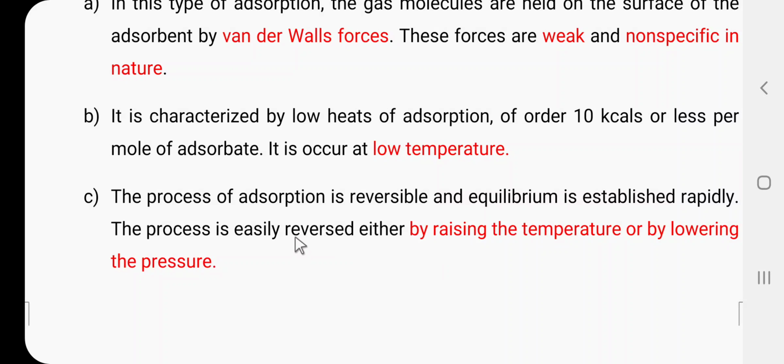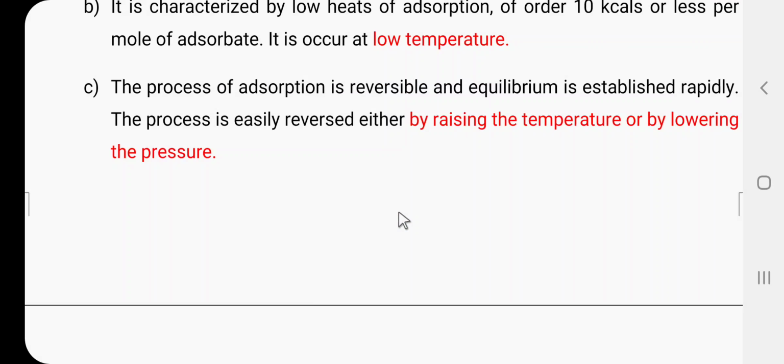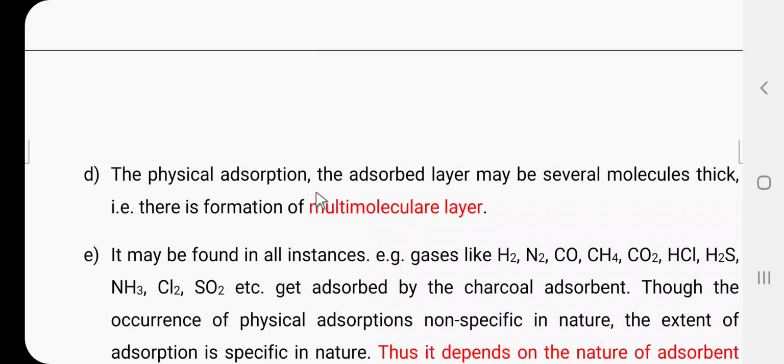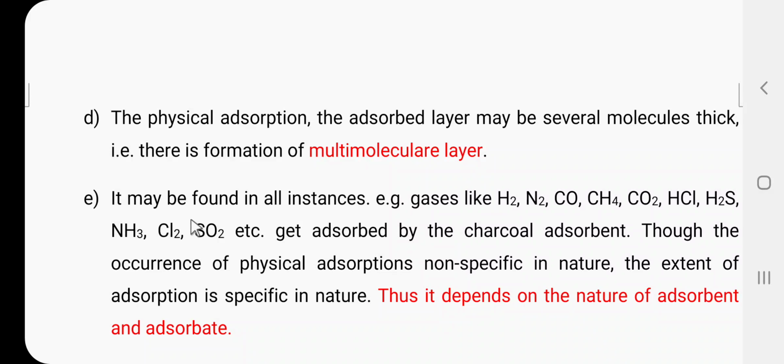So, when we consider physical adsorption, if we increase the temperature, the process is reversed, or if we decrease the pressure, again the adsorption is reversed. Then, in physical adsorption, the adsorbed layer may be several molecules thick, that is, there is a formation of a multimolecular layer on the surface of the adsorbent. It may be found in all instances.